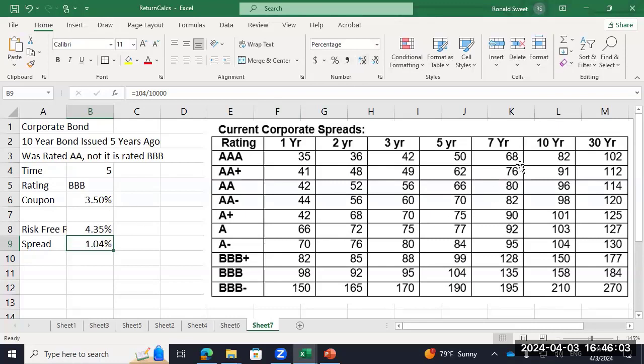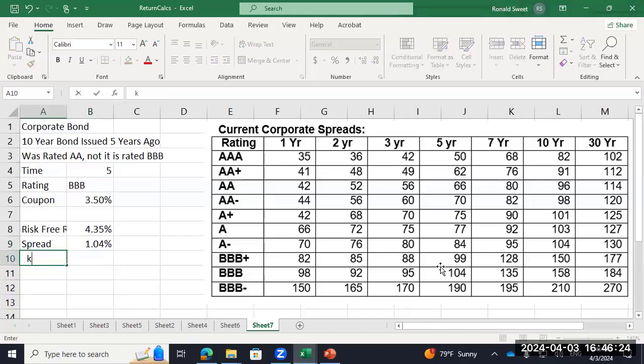All right, so their spread went from about 100 to 104. Why didn't it go up more when they were downgraded? Well, because we went from 10 years to 5 years. So that term structure, if we're still a 10-year bond, it'd be 158. But you see how much the fact that time is reduced reduces that spread. So what's my discount rate?